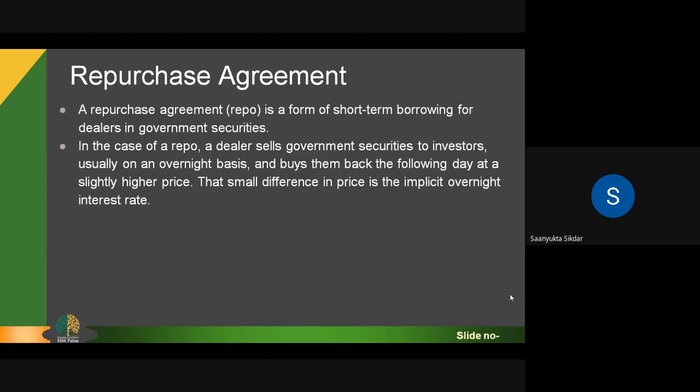In case of a dealer, they sell the government securities to investors, usually on an overnight basis, and they borrow the money from the investors. It may be overnight or for a longer period of time, and then they say that yes, we will buy back these government securities from you at this rate. So that is a repurchase agreement.